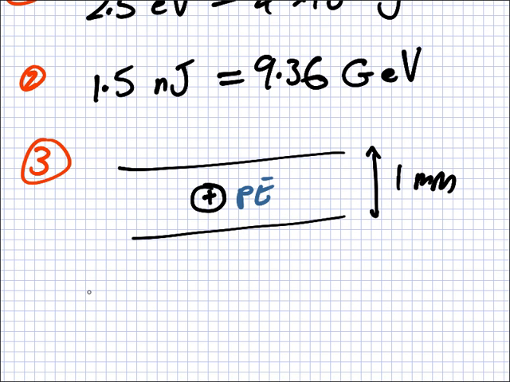So what's the formula for potential energy? It's mgh if it's gravity, and if it's in an electric field, QVd. But the D is not 1 millimeter. I was trying to trick you a little bit.